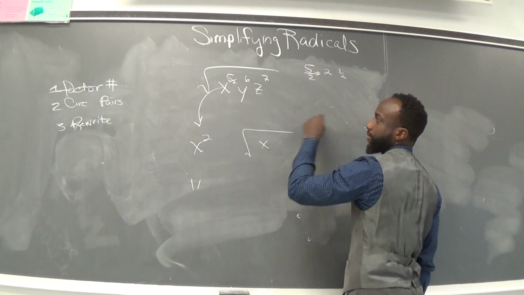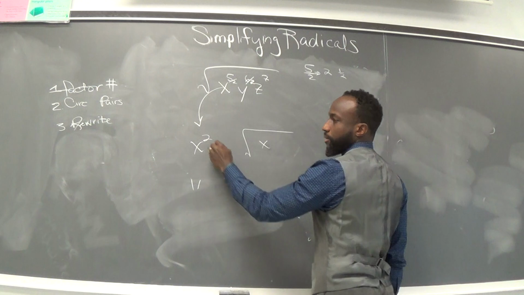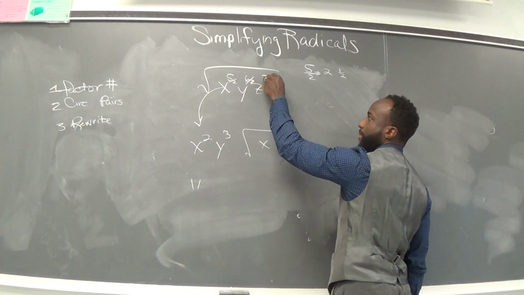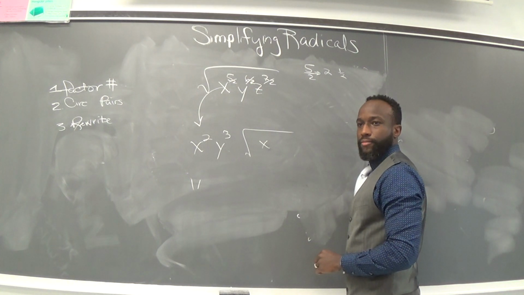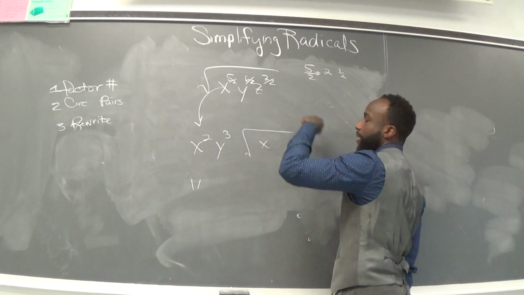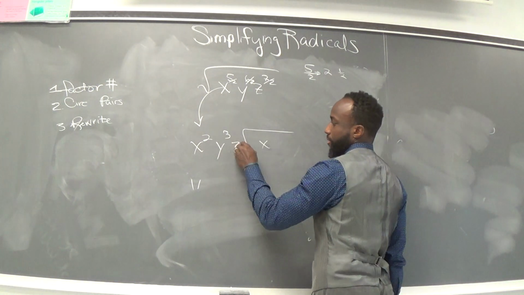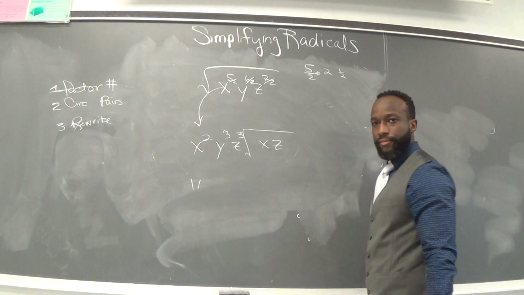You got 1 left. What about 6 divided by 2? 3. Y to the 3rd. And then you got z to the 7th divided by 2. You'll get 3 and then you got 1 left over.